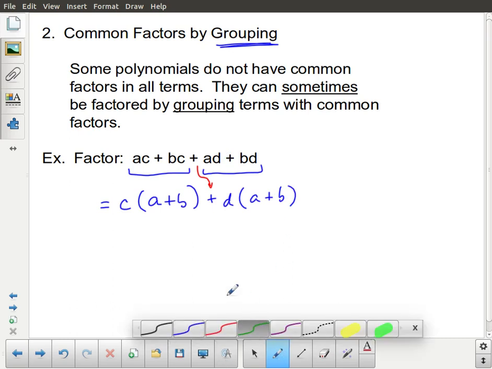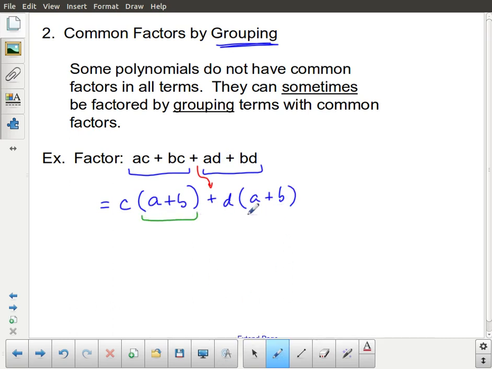Now the reason why this is significant is because I now have A plus B here and A plus B here. So if I said something like let x equal A plus B, then really this is the same thing as if I had cx plus dx.